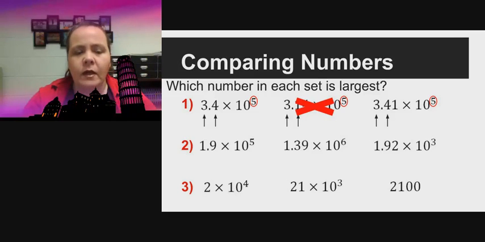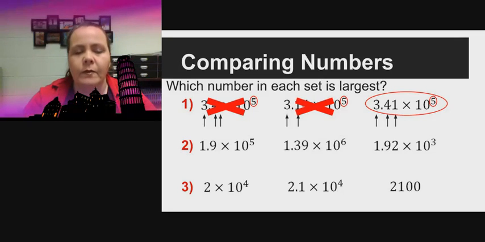And then we're going to look at our third digit, and we have nothing, and then we have a 1. Well, that nothing would be filled with a 0 because it would be our placeholder, and 1 is larger than 0, so we can see that 3.41 times 10 to the 5th is the largest of these three numbers in the first set. Now let's look at the second set.